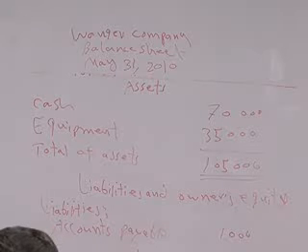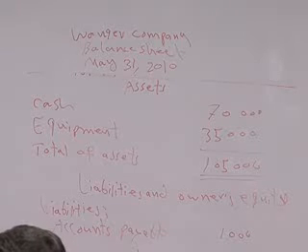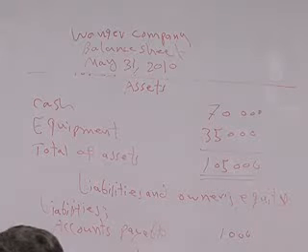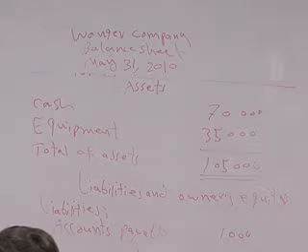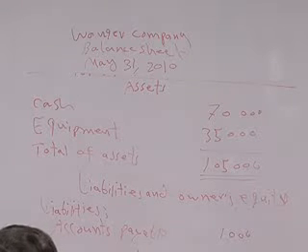Important notice. Remember, in the last example, we added net income to the capital. In a corporation, we don't add it to the common stock, but we open a new account for the profit called retained earnings.